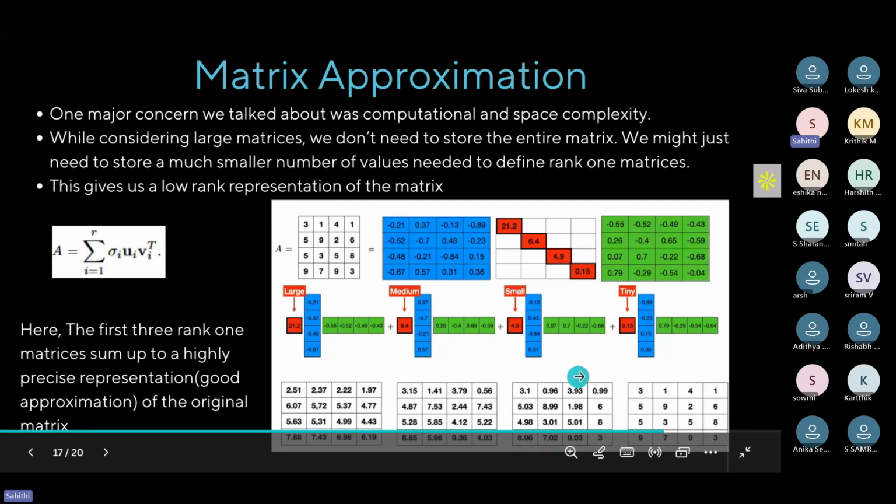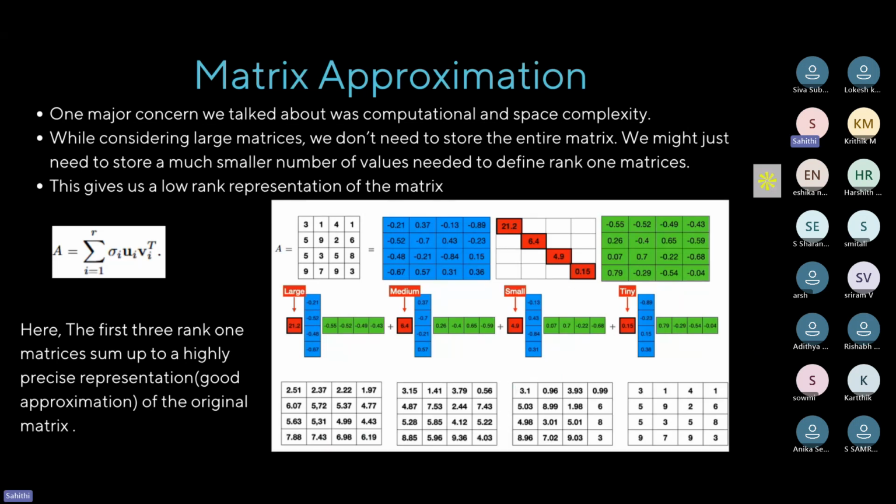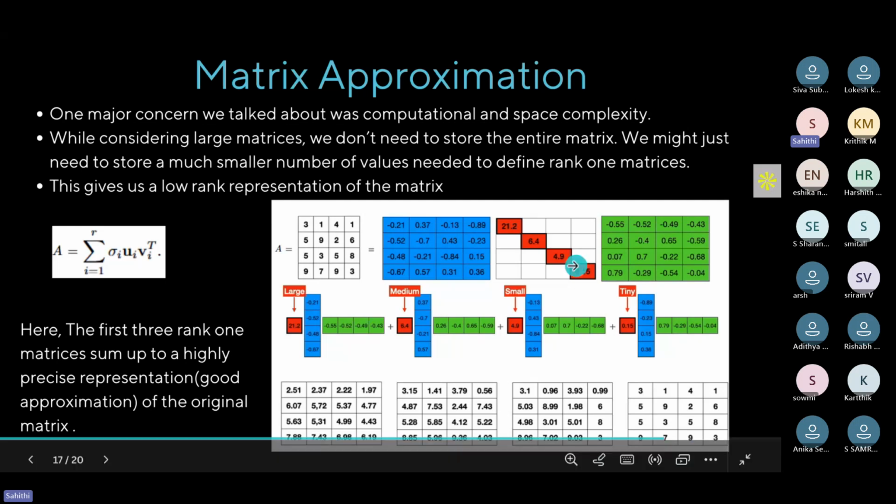This is the sum of 2, sum of 3, and sum of 4 rank 1 matrices. As you can see over here, this and this barely have any difference. In fact, the sum of 3 rank 1 matrices gives a highly precise representation and a good approximation of the original matrix. So in these kinds of cases, to transfer the information, we don't actually have to store all of the data. We can just store the data up to this point.